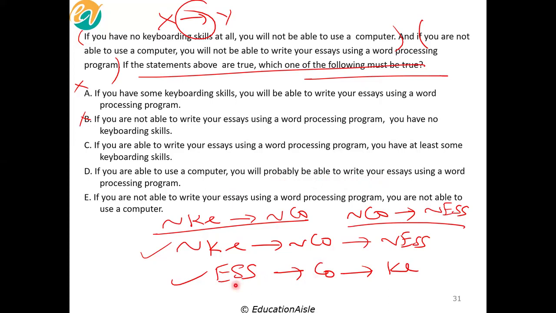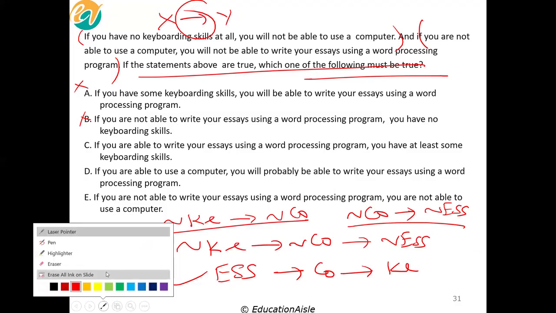It's going from right to left. Not allowed. Remember, relationships only go from left to right. And finally, if you are not able to write your essays, we already discussed that this is not going anywhere to the right, and hence we cannot conclude. So what's the right answer finally? Charlie is the right answer.